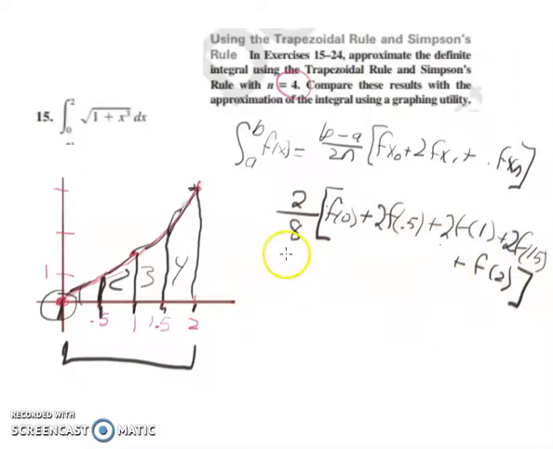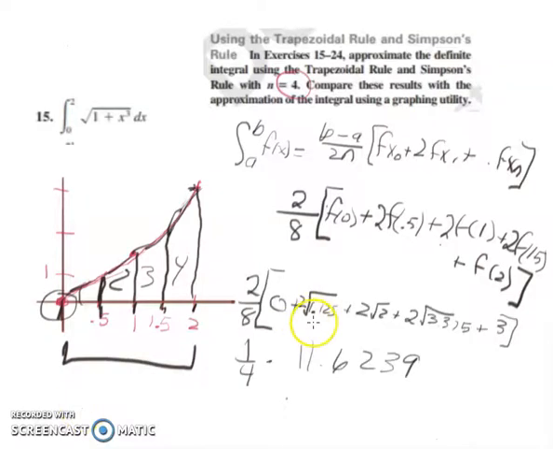All right, all I've got to do is find out those values. Okay, so, I figured the y values here, here, here, and here. I put this all in the calculator, and I got 11.6239. But remember, I got to multiply it by 2 over 8, which is 1/4, or divide it by 4, 2.90599.